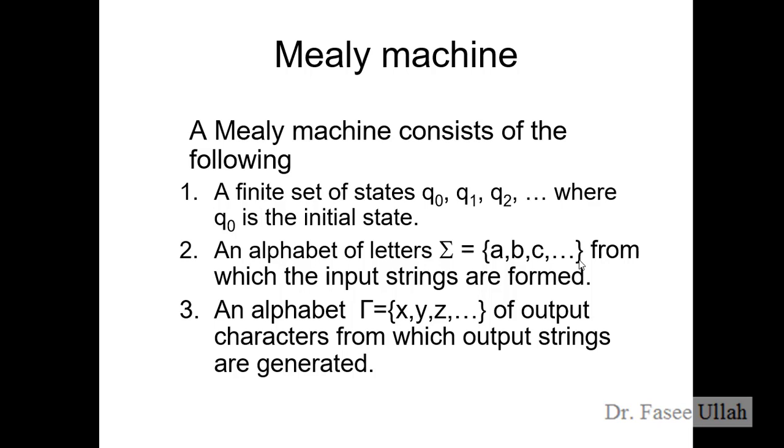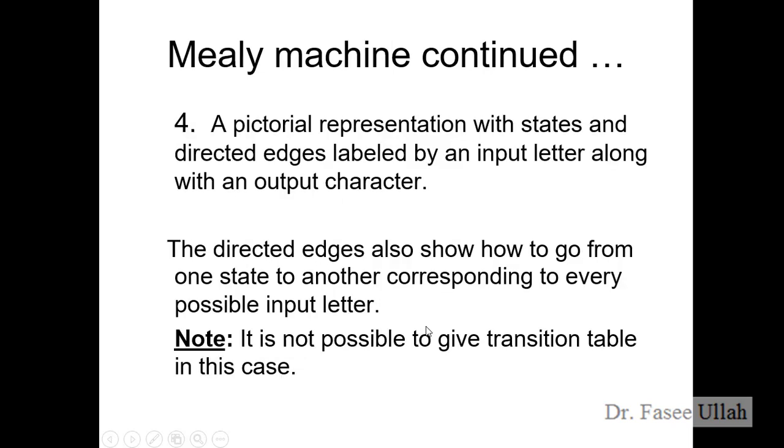A Mealy machine consists of the following elements. First, we have a number of states, starting with Q0, which is the initial state. Further, we have the input letters, represented here with A, B, C, and then we have the output alphabet letters, represented by the symbols X, Y, Z. Further, we have the pictorial representation with the states.